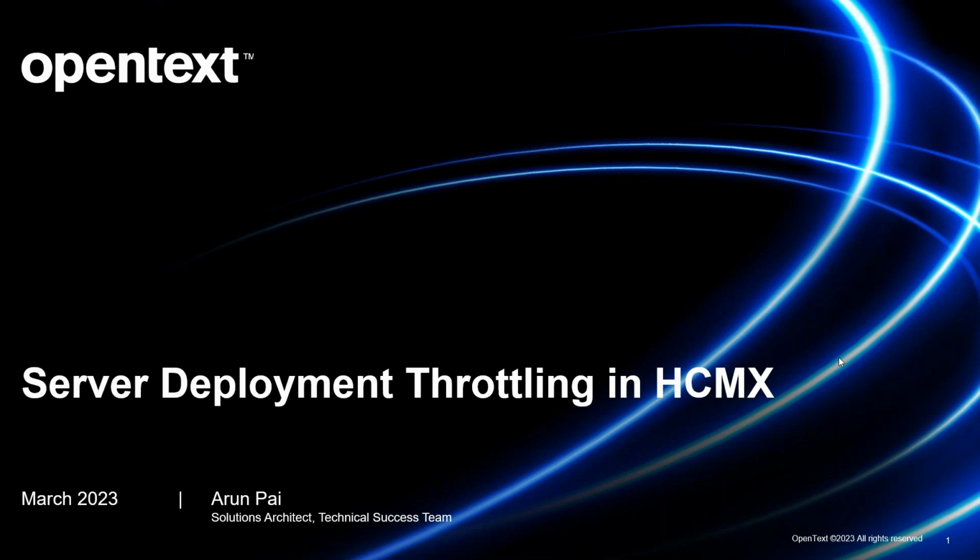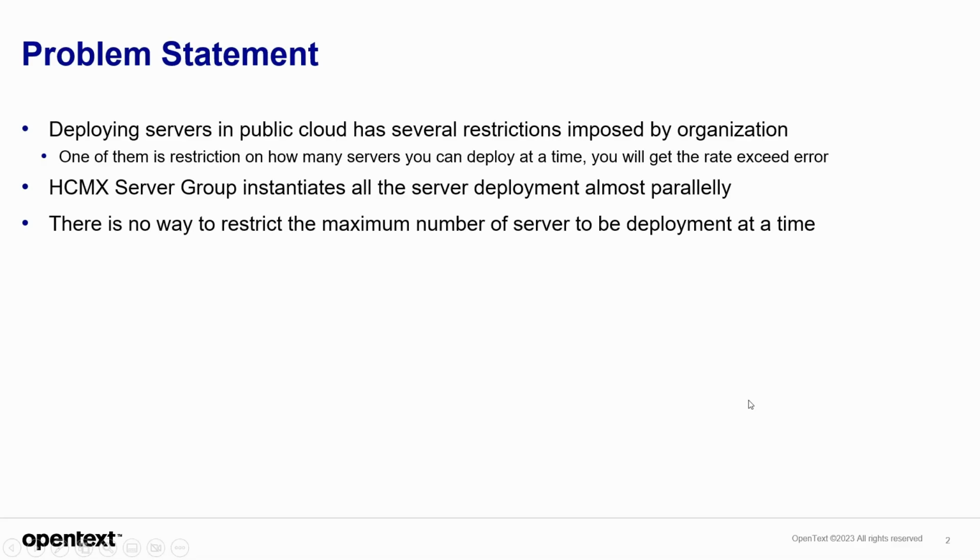So the primary use case for this is what Uma just showed, right? Our enablement team or any other customer can deploy a number of servers on the public cloud. And one of the restrictions we often see in the public cloud is imposed by your organization itself.